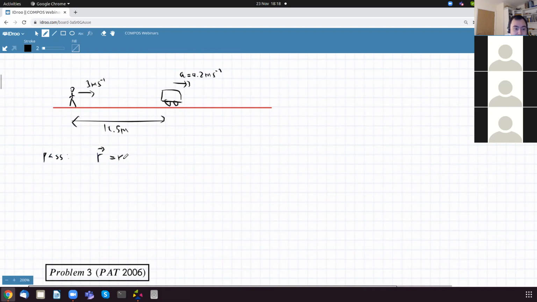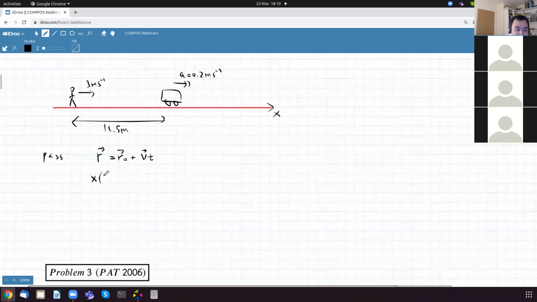R is equal to R0 plus V0t plus acceleration, but there's no acceleration. So this is the equation of uniform motion. Now, because we're doing it in the x-axis, we're projecting it on the x. So we're only interested in the x component.